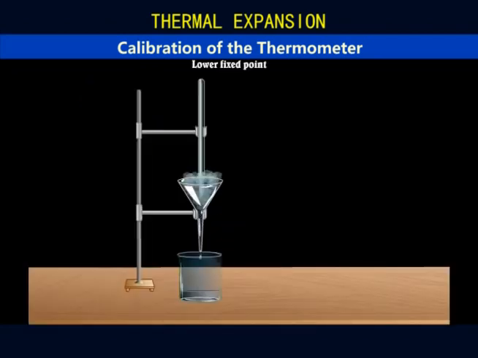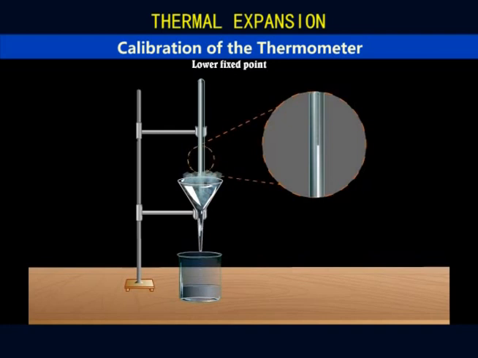To mark the lower fixed point, the thermometer to be calibrated is placed in a funnel filled with crushed ice. The bulb of the thermometer is completely immersed in the ice. A beaker below the funnel collects the melting water. The level of the mercury in the capillary drops due to contraction.